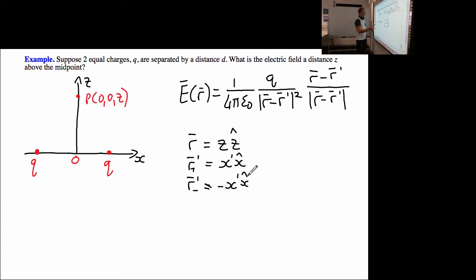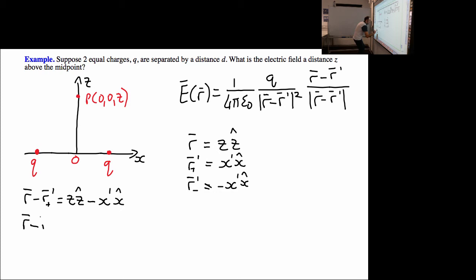Okay, so now we can write down our separation vector. Our separation vector for the plus side, r minus r prime, is going to be z hat minus x prime x hat.